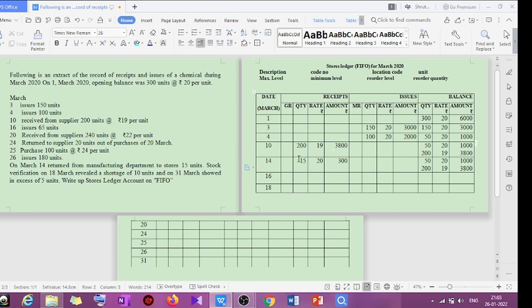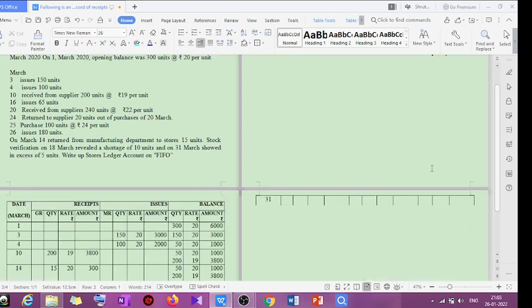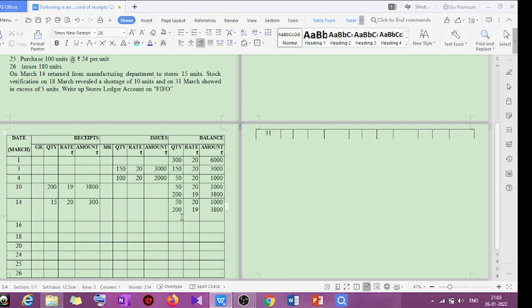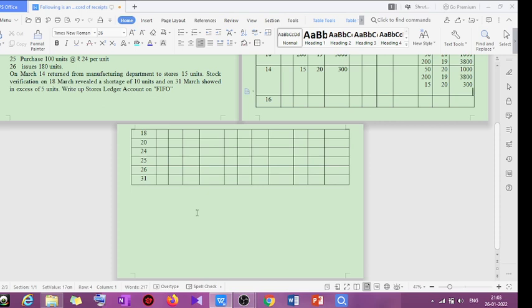Now again we have received, I mean we have written in the receipt column now. So again mention the units, that is 15, rate is 20, amount will be 300. I hope it is clear to you till here.